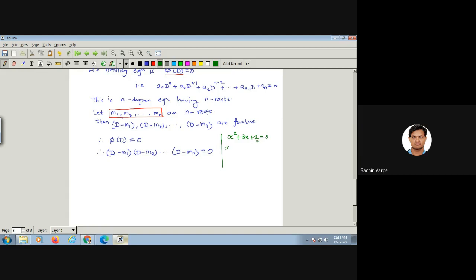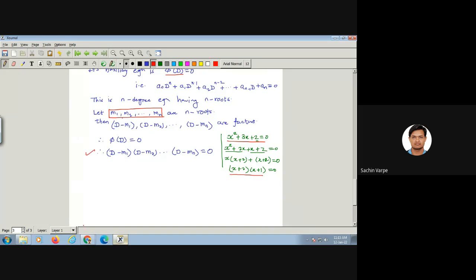So I can write this as x square plus 2x plus x plus 2 is equal to 0. Yes or no? When I take x common, I get x into x plus 2 plus 1 into x plus 2 is equal to 0. So what I get is x plus 2 into x plus 1 is equal to 0. So this is the factored form of this polynomial. Is it clear? That is what I'm trying to show here.